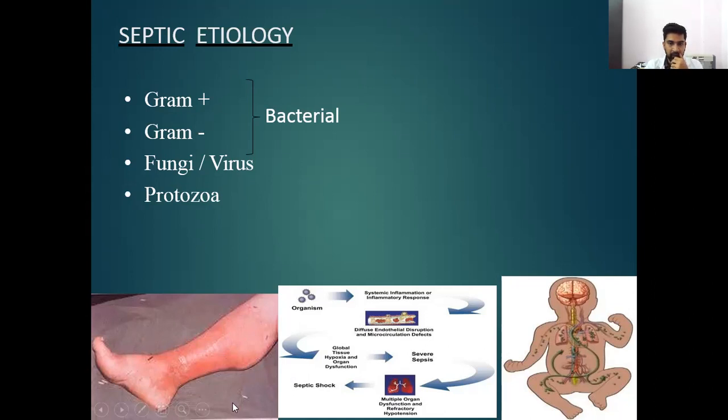When a pathogenic organism enters the body, the host creates a systemic inflammatory response, which further causes diffuse endothelial disruption, microcirculation defects, global tissue hypoxia and organ dysfunction. Severe sepsis occurs, with multiple organ dysfunction and refractory hypotension, which leads to septic shock. This is a graphical depiction of infection in a small child's body.